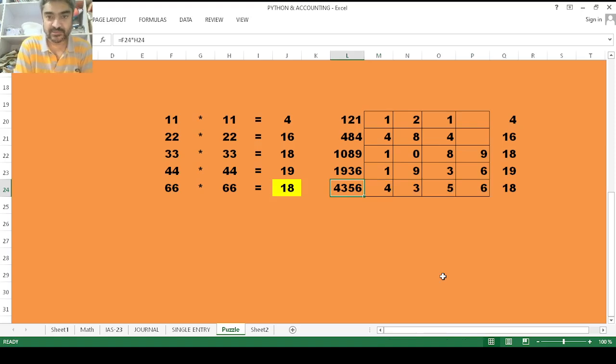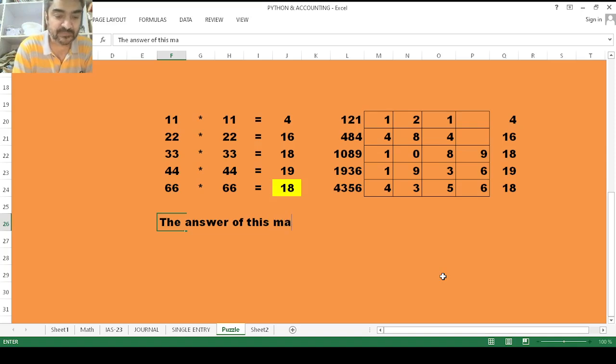So it's more readable now. The answer of this math puzzle is 18.